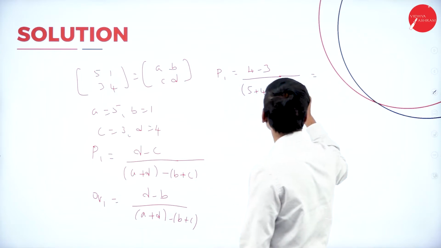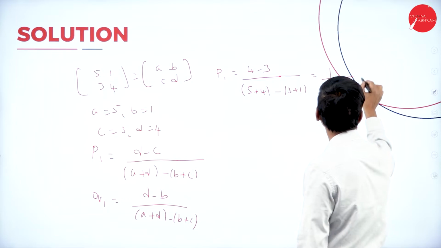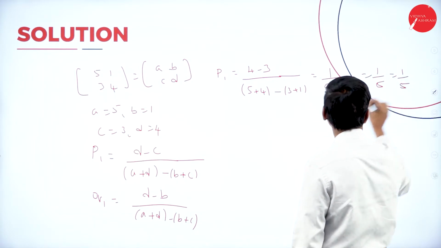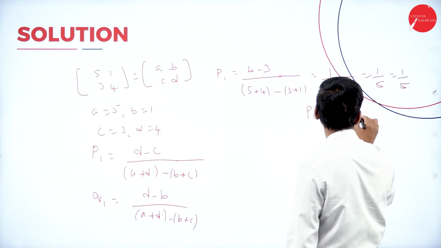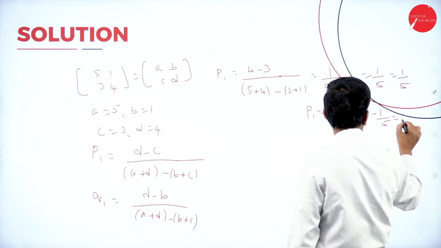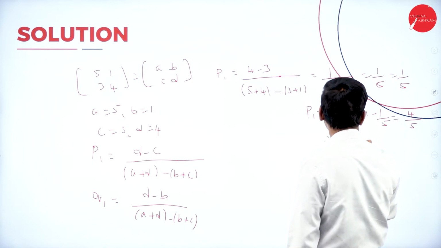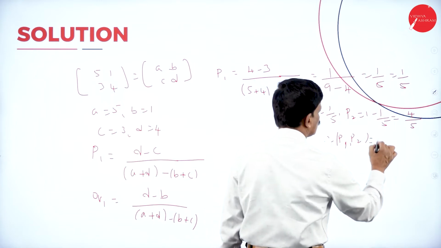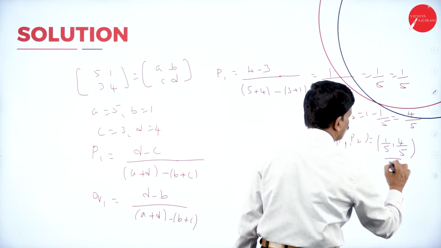So this is equal to 4 minus 3 is 1 divided by 9 minus 4, which is 1 by 5. P1 is equal to 1 by 5. So therefore P2 is equal to 1 minus 1 by 5, that's equal to 4 by 5. So P1, P2 is 1 by 5, 4 by 5.